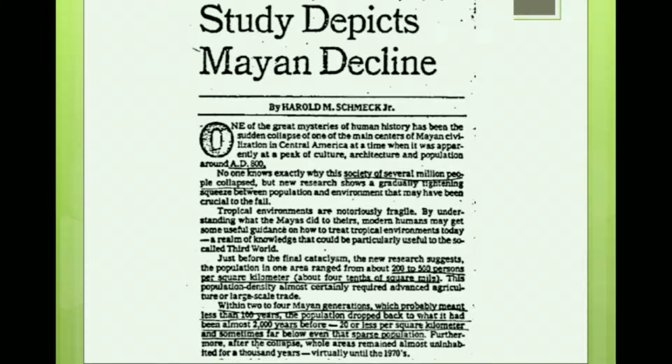Since the late 1970s, through the 80s, 90s, and last decade, there's been a series of studies that have slowly been showing evidence of this, and I'll show you a little bit of that.